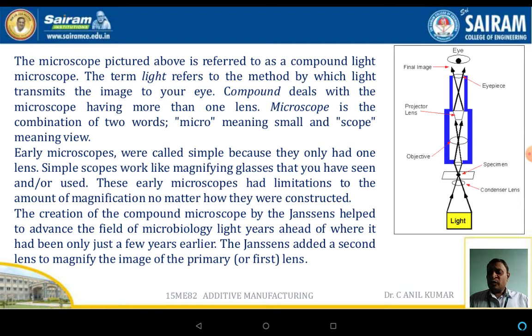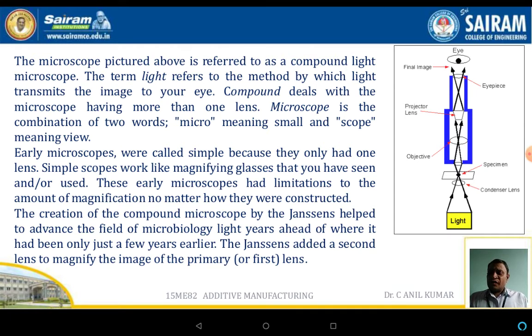Early microscopes are called simple because of only one lens. The simple scope works like a magnifying glass, normally what we are using. These early microscopes had limitations to the amount of magnification no matter how they were constructed.